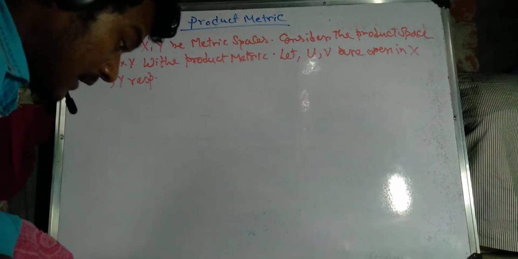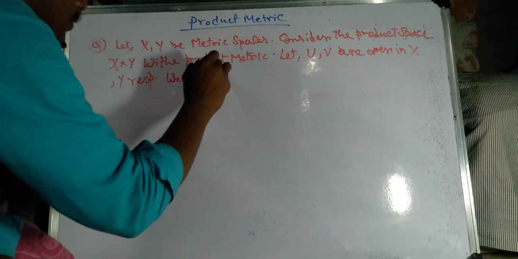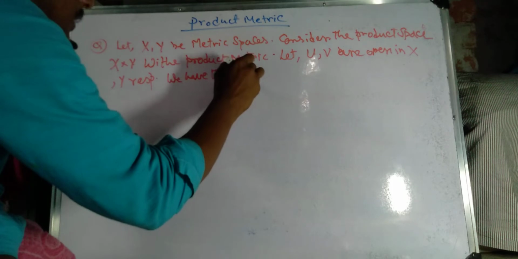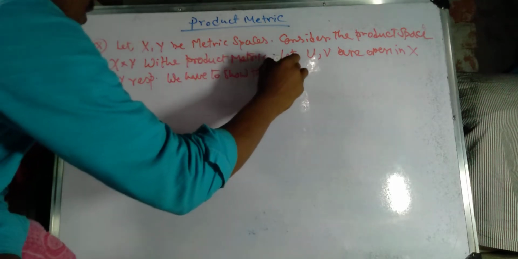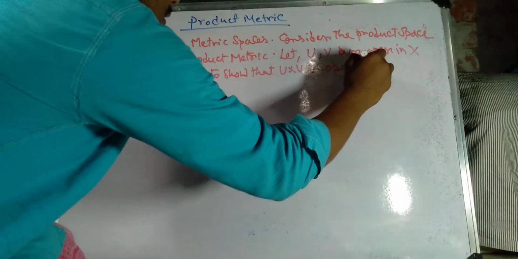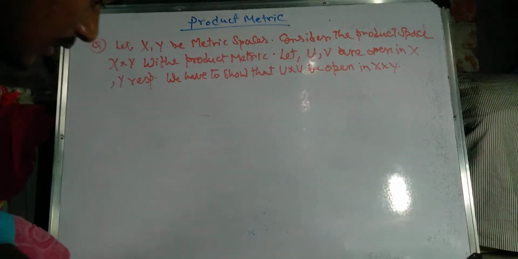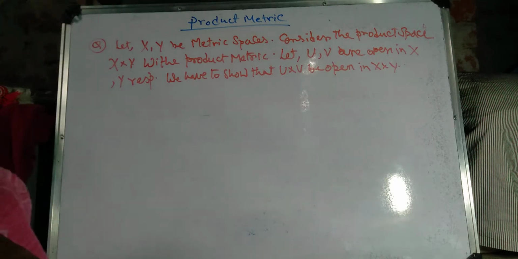Then we have to show that U Cartesian product V is open in X Cartesian product Y.